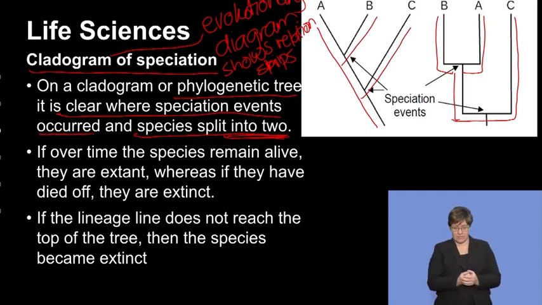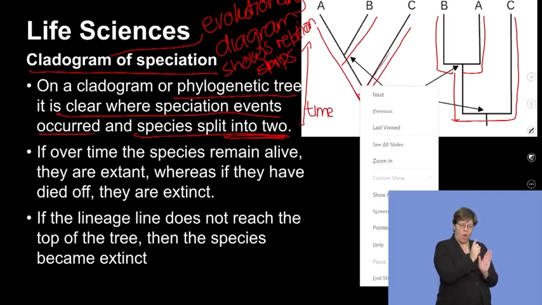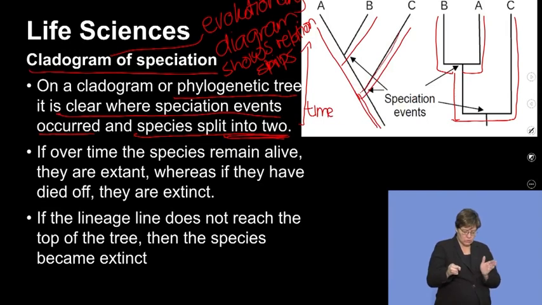So here's a species, and they are developing through time. This is basically time here. As we see them developing, there's a group that branches off the main branch. Then time goes on some more, and another branch branches off.